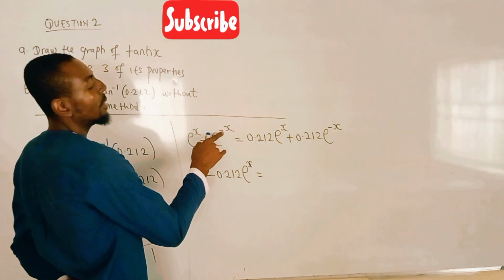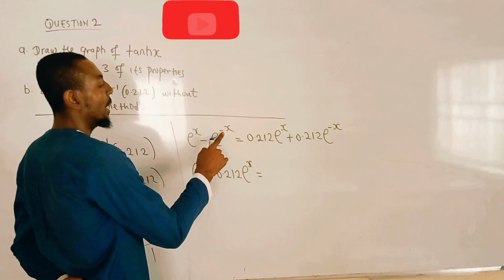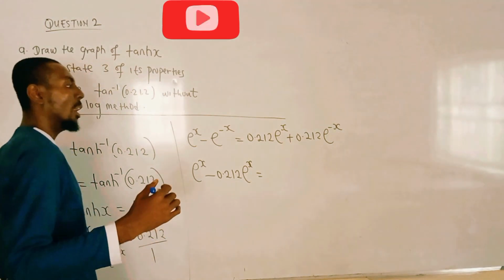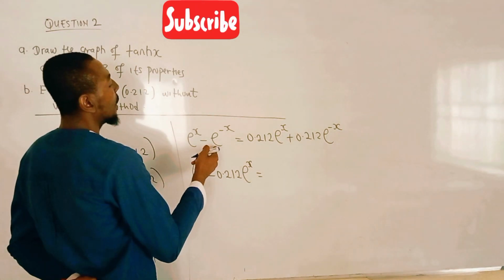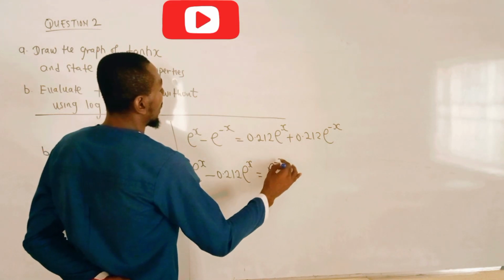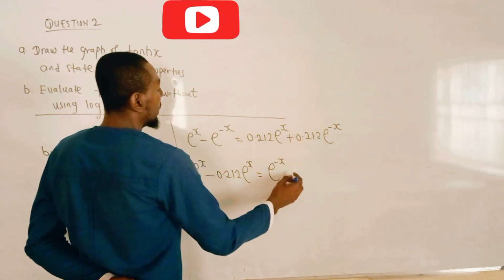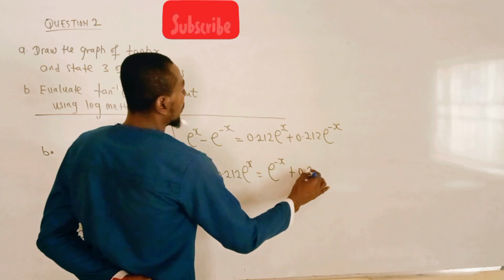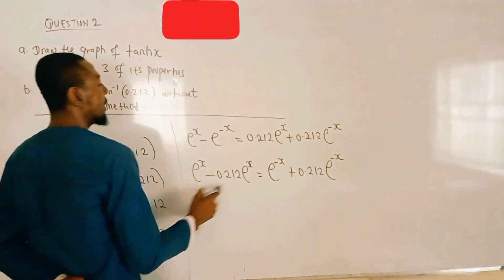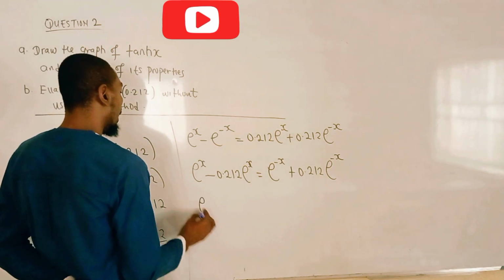So this guy is having a negative power of x. You will take it to this side to join this guy that has the same negative power of x. So negative exponential minus x cross to this side will give us positive exponential minus x, which will now join this guy plus 0.212 exponential negative x.